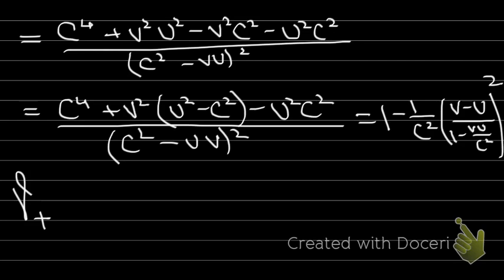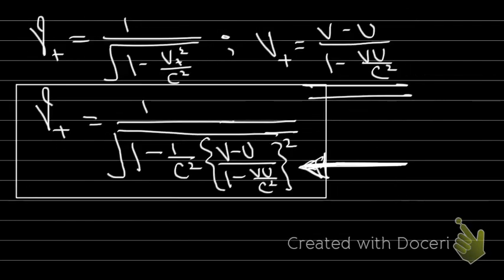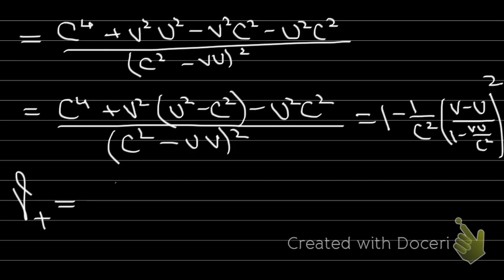So we have gamma plus, after putting this back in there, would be equal to, let me actually go back to gamma plus. So this over here is your gamma plus. Okay, so you can see that it is the inverse of this quantity that we just simplified or solved. And this quantity has a square root on top as well. So we would have to take the square root of this thing, and inverse it, take the inverse, and then write our gamma plus.